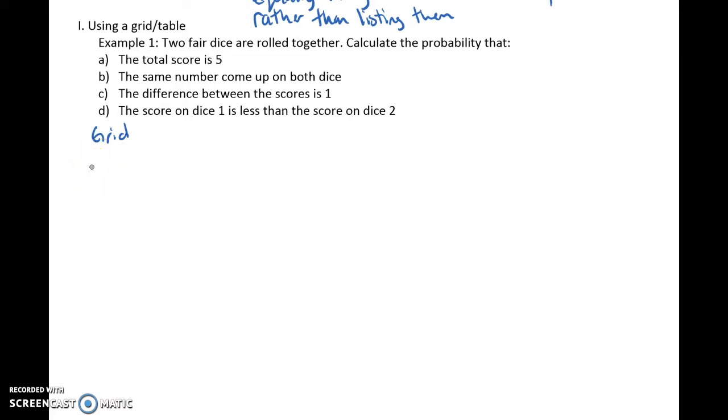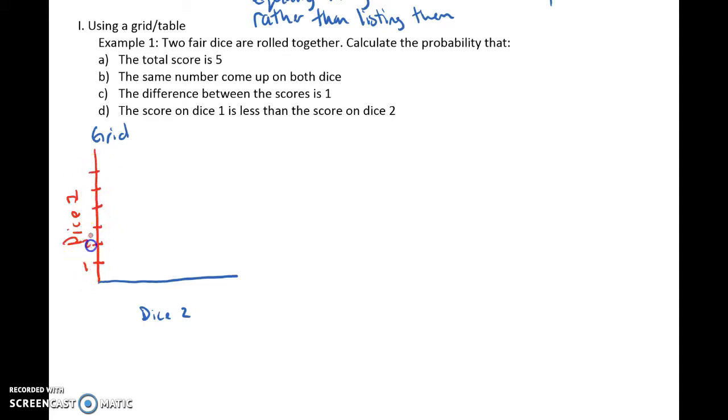So for example, if we call this vertical axis dice 1 and this horizontal axis dice 2, what you want to do is show the possible outcomes for each dice, kind of like the way you would graph.